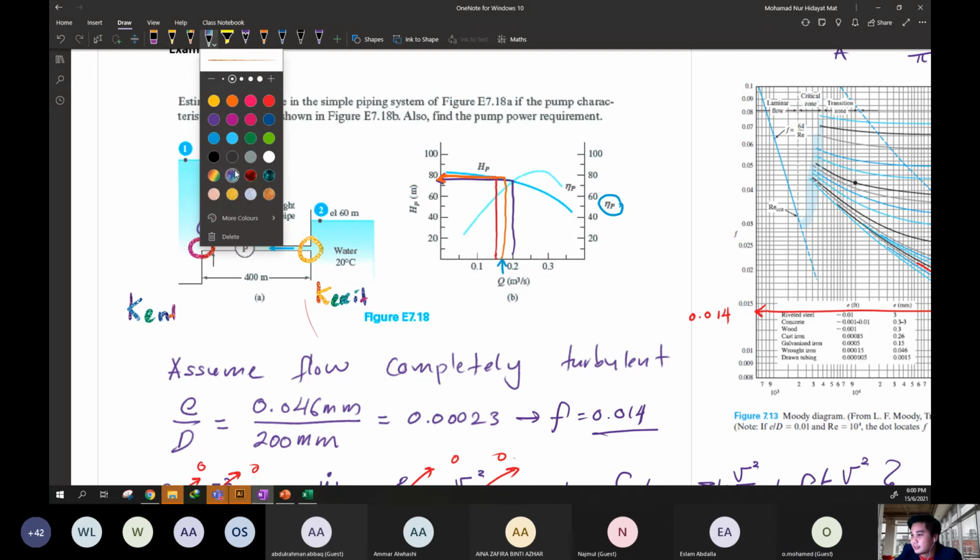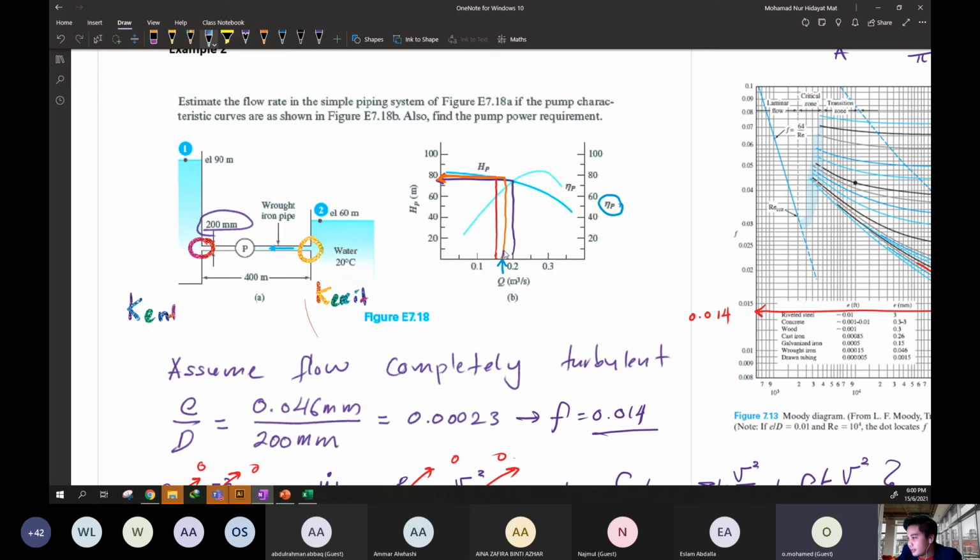Draw a straight line and stop at the efficiency curve, then go to the right side. It is around 65.